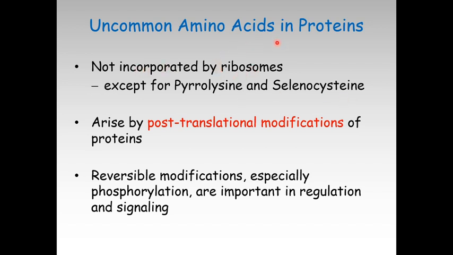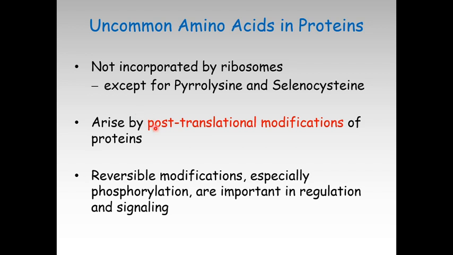Now remember, amino acids are the basic building blocks of proteins. Proteins are polymers of amino acids that are attached covalently to each other, right? And the covalent attachment is performed by the ribosome, right? Remember your transcription and translation machinery.